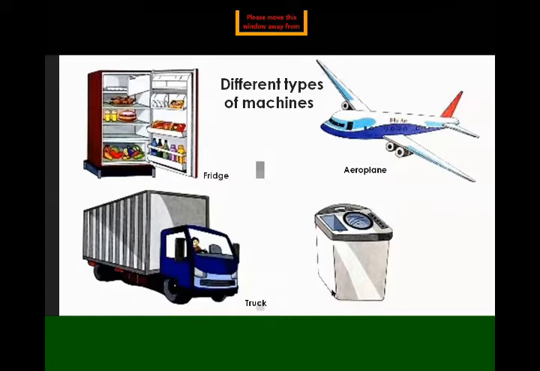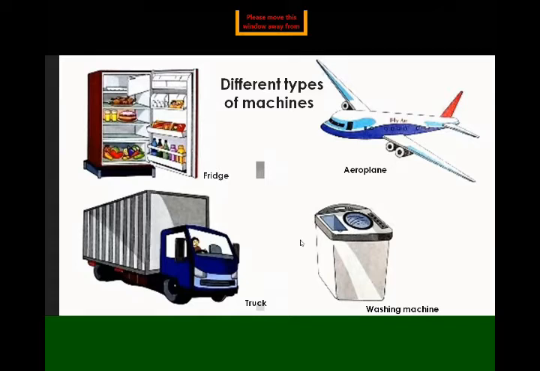And what is the last one? It is in your home and your mother uses it. It is a washing machine. And what is it used for? It is used to wash the dirty clothes.